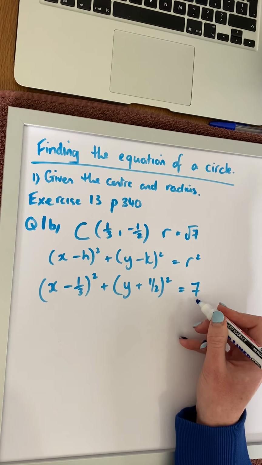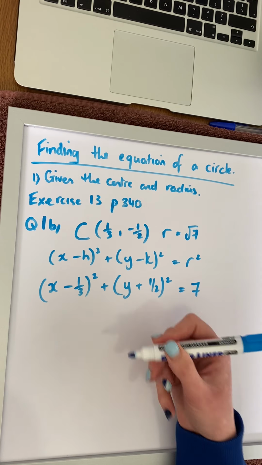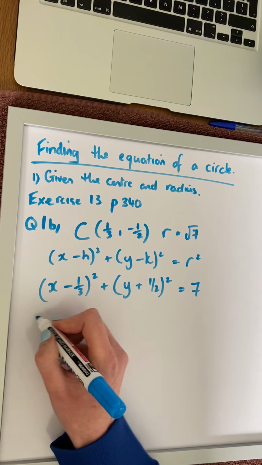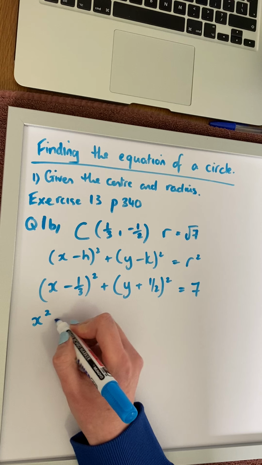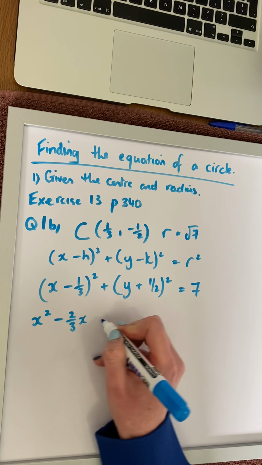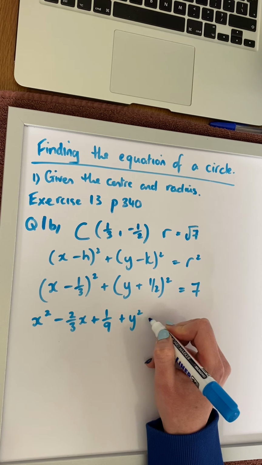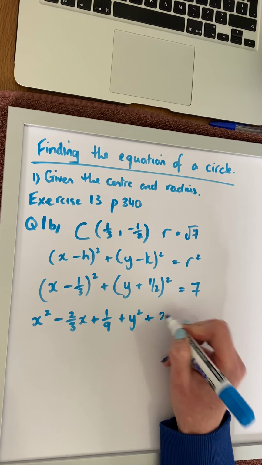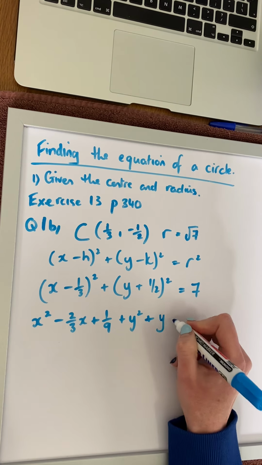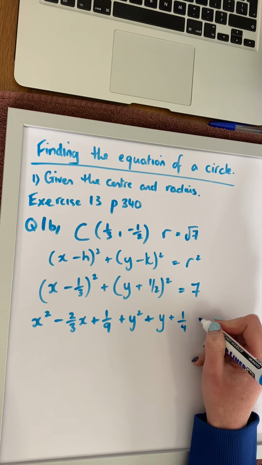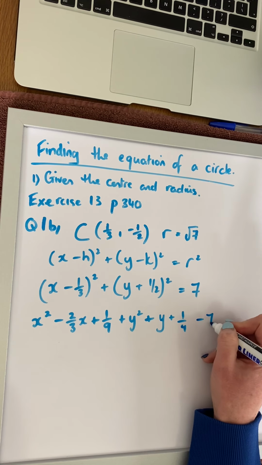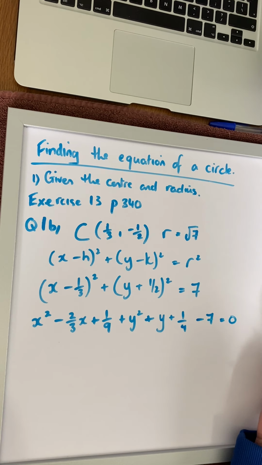Now I wouldn't leave it as this, I would actually multiply it out and simplify it. So when we multiply everything out, we have x squared minus 2/3 x plus 1/9, plus y squared plus 1y plus a quarter, and then we bring the 7 across, minus 7 is equal to 0.